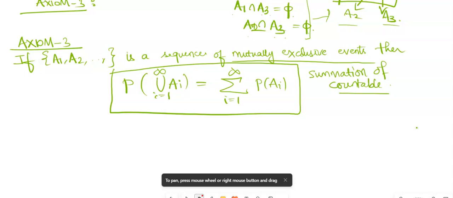Coming to our first theorem. Theorem 1: the probability of the empty set phi is 0.